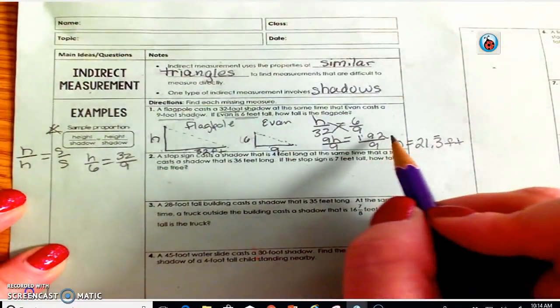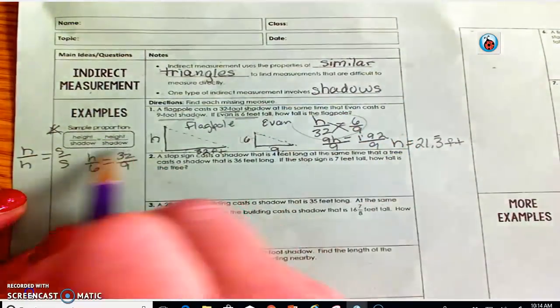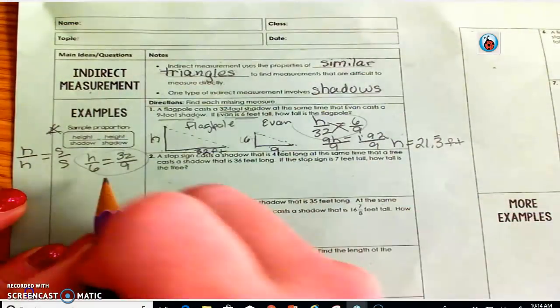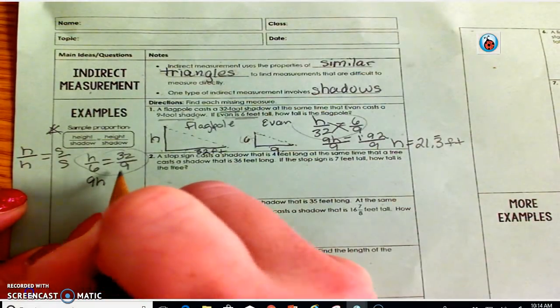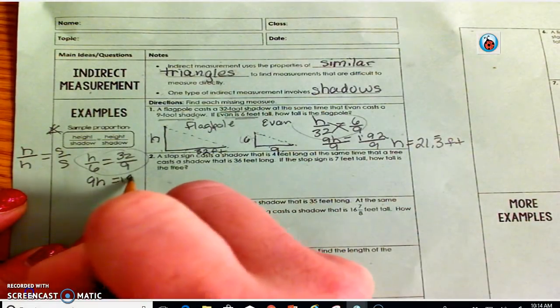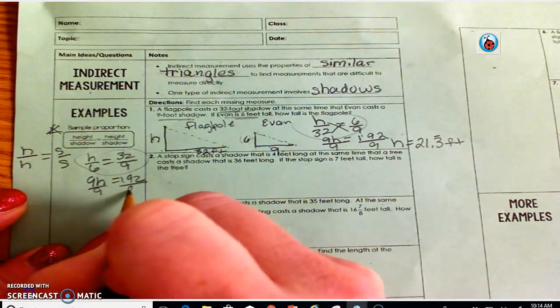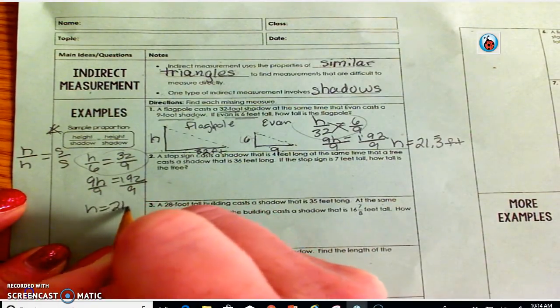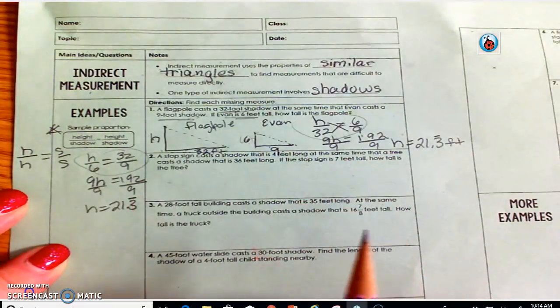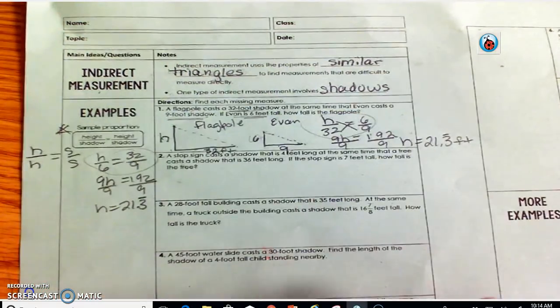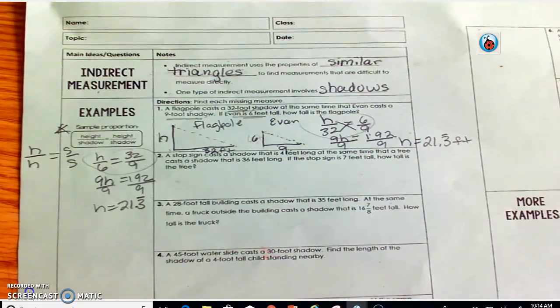And if you notice, either way you do it, you end up multiplying the same thing. So 9H equals 192, divide both sides by 9, H equals 21.3 repeating. So we get the same thing either way.